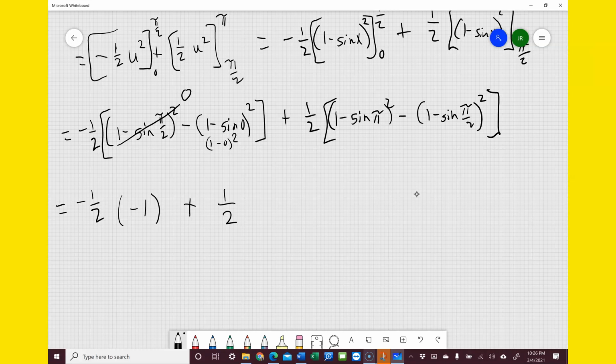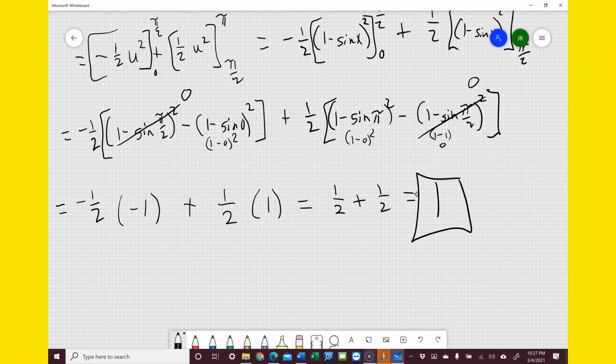Sine of pi is 0, so that's 1 minus 0 squared. That's 1 squared, that's 1. And sine of pi over 2 is 1, so that's 1 minus 1, that's 0, so that whole thing becomes 0, so that's just 1. So this is now going to be 1/2 times negative 1, which is negative 1/2, plus 1/2 times 1, which is 1/2, so 1/2 plus 1/2 is 1. The answer is 1. That is the area bounded by that curve and the x-axis.